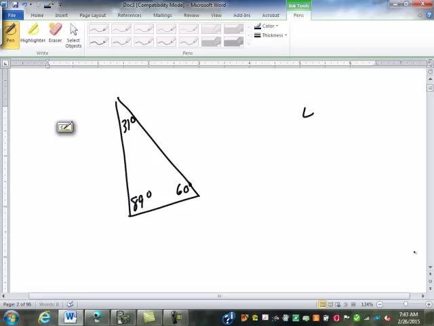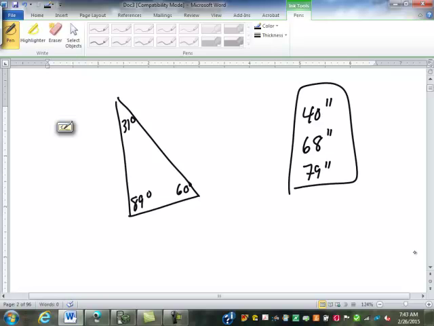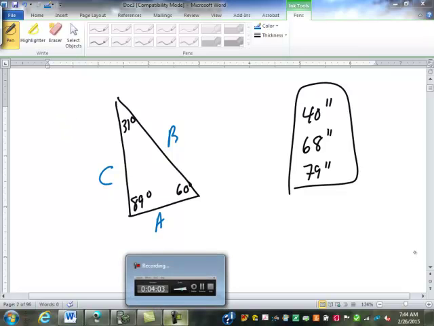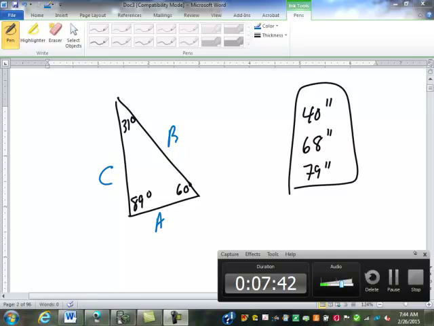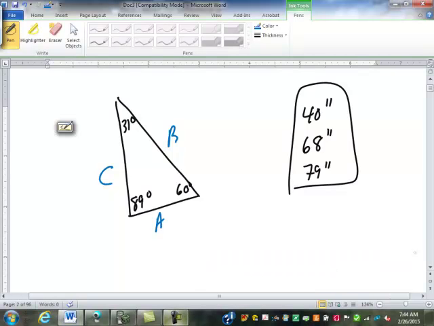I'm going to fill in. We have 40 inches, 68 inches, and 79 inches as the lengths of the three sides. So I'm going to label them sides A, B, and C. Can I tell which side goes with which, or which of those numbers goes where?